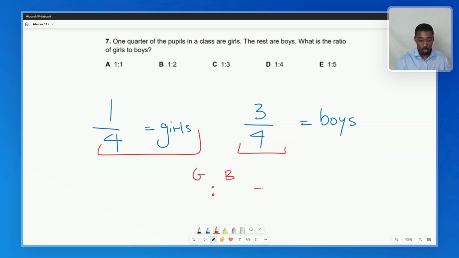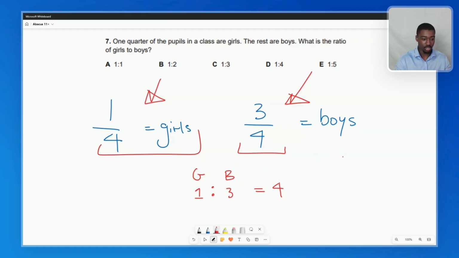Because overall, we have a group of 4 pupils, for example, and in every single group of 4 pupils, 1/4 are girls. Remember what we said over here? 3/4 are boys. And therefore, the ratio must be 1 to 3.